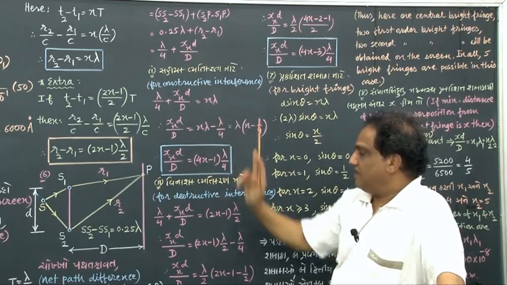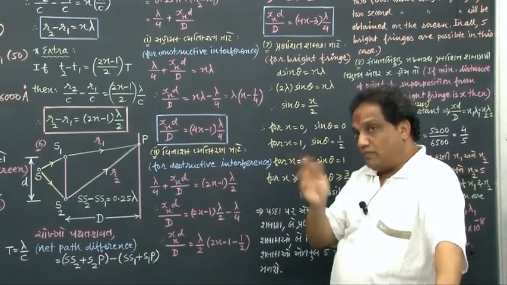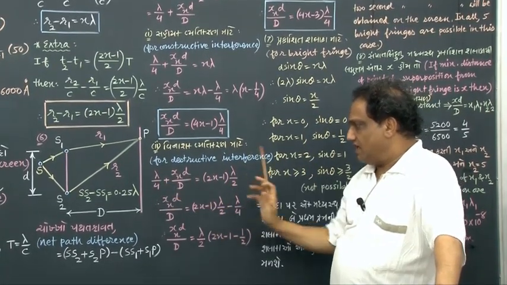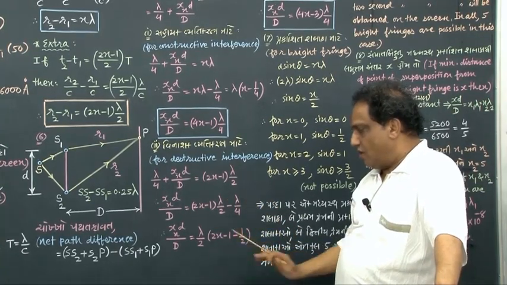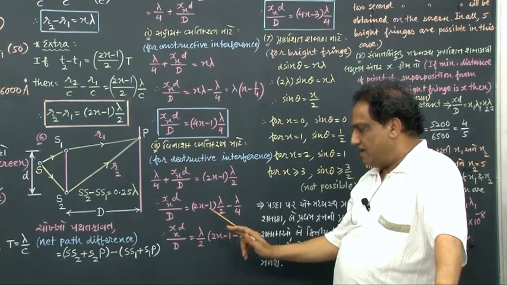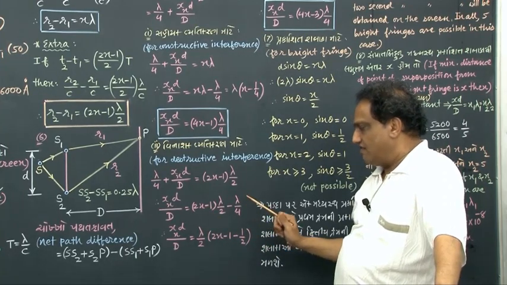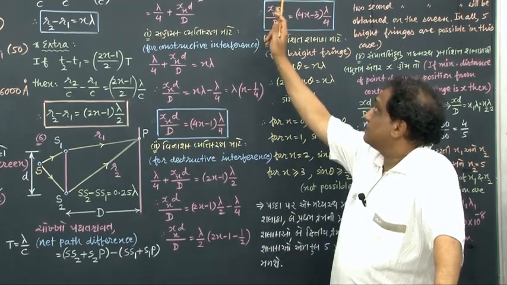The same net path difference I have written here: lambda by 4 plus xn d upon D should be equal to 2n minus 1 lambda by 2. Transfer this from plus, it will become minus. Now I am taking lambda by 2 common. Left inside the bracket from here is 2n minus 1, and because lambda by 2 has gone out, left inside the bracket from here will be minus 1 by 2. This lambda by 2 as it is.